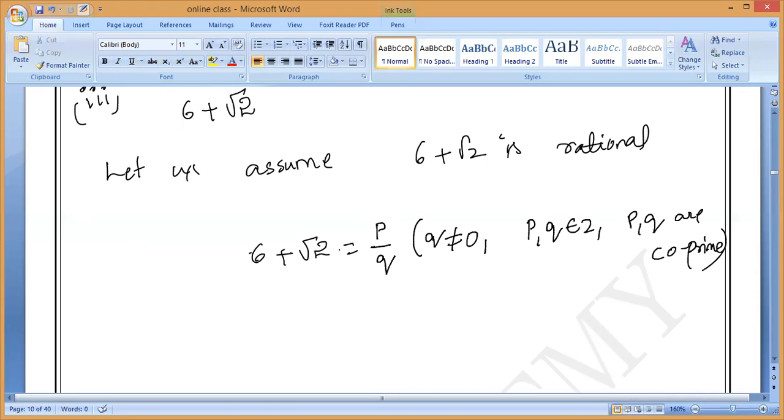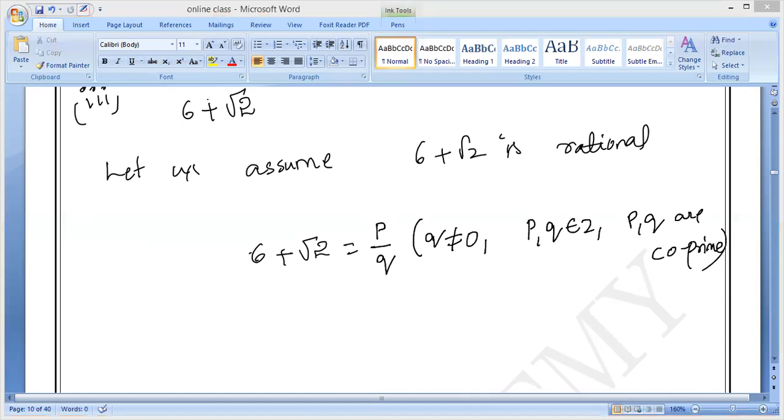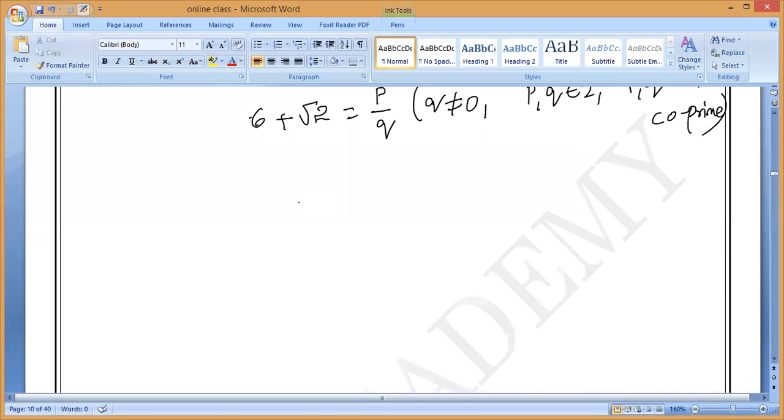What is next step? Ma'am, 6 goes to that side. Root 2 is equal to P by Q minus 6.